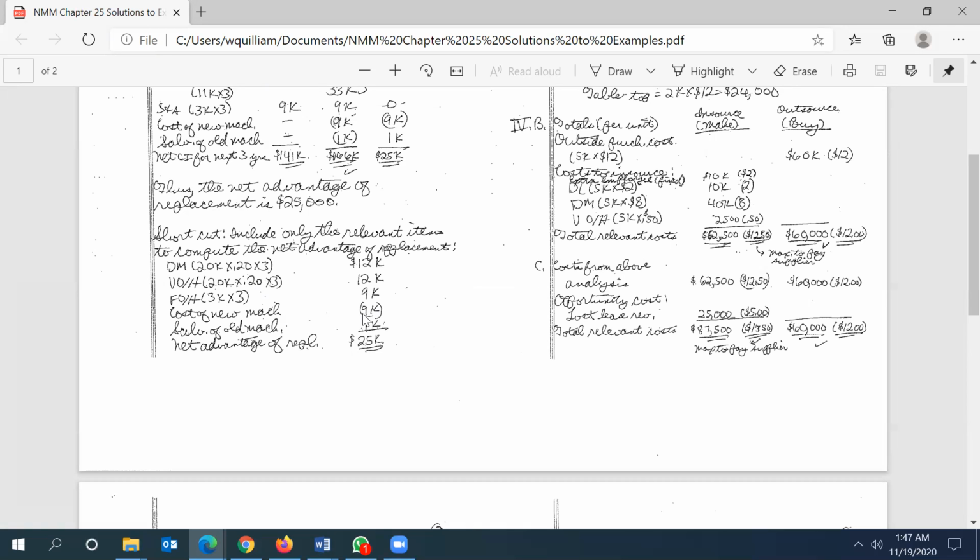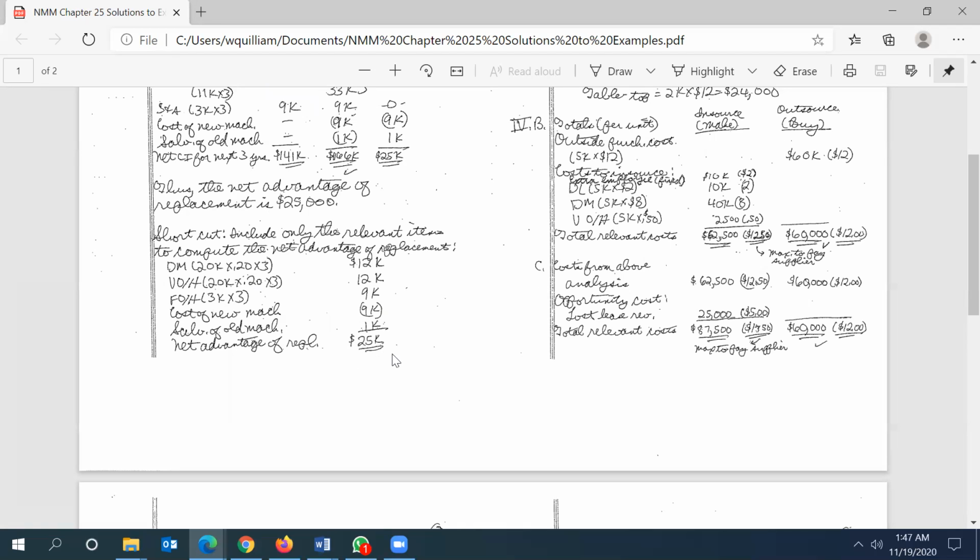Then the cost of the new machine is a cash outflow, $9,000 if we replace. The salvage or residual value of the old machine is $1,000 if we do replace. So if I net this out, I get a net advantage of replacement of $25,000. That says to replace. That's our decision.